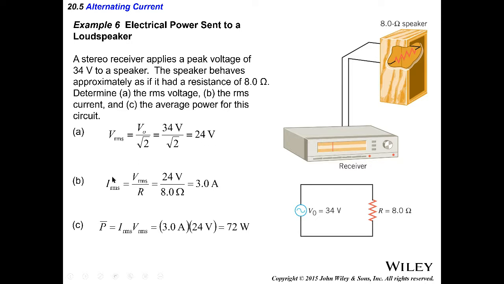And likewise, if you want to know what is the root mean square current, it is 3 amps, but the actual maximum peak current, you multiply by 1.4, it's 4.2 amps. So there is a difference between root mean square and the peak voltage or the peak current. And the average power is I times V, root mean square, 72 watts.